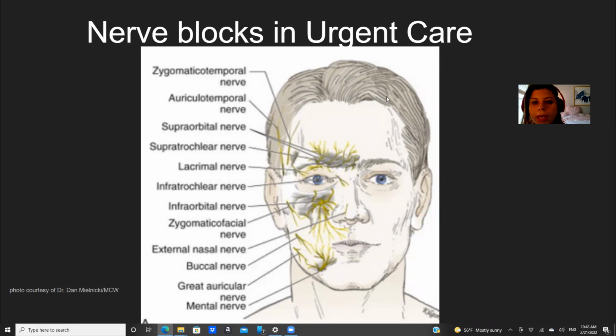I'm going to start from top to bottom. I will do facial blocks, ear blocks, dental blocks, and then also different methods of digital blocks.